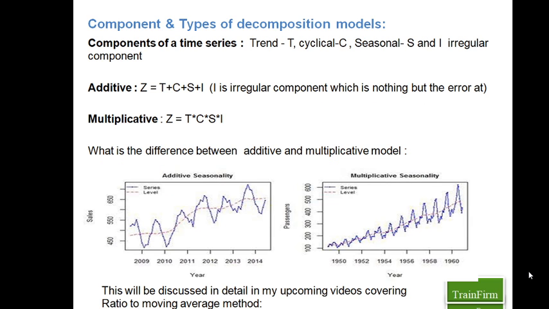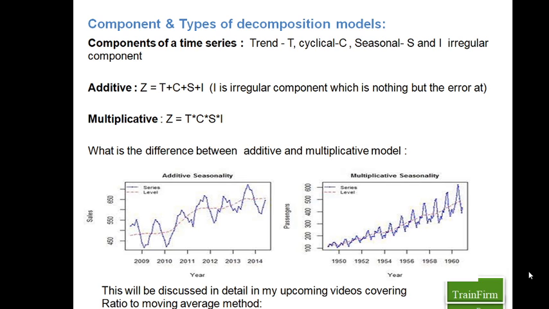I have covered this slide in my previous video, but let me spend 1 minute on this just to refresh your memory. I did talk about decomposition as the name of this method, classical decomposition. Once you decompose a time series, you will decompose it into 4 different components.